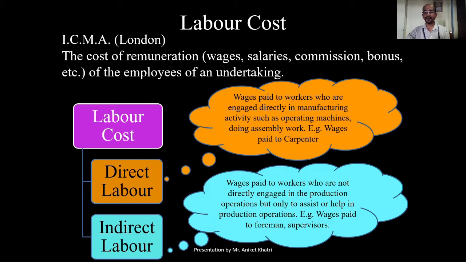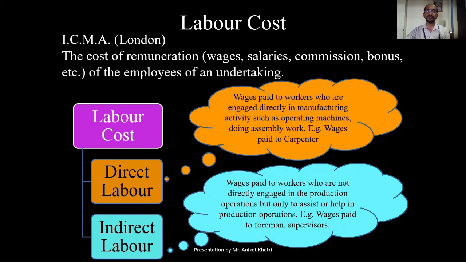So the amount paid to the carpenter will be covered under direct labor, whereas the person who is assisting that carpenter in preparation of the sofa will be covered under indirect labor. Or the wages paid to the foreman or supervisors, who are supervising all the workers engaged in the manufacturing activity, will be covered as indirect labor.